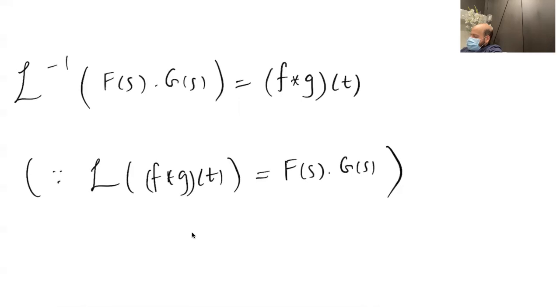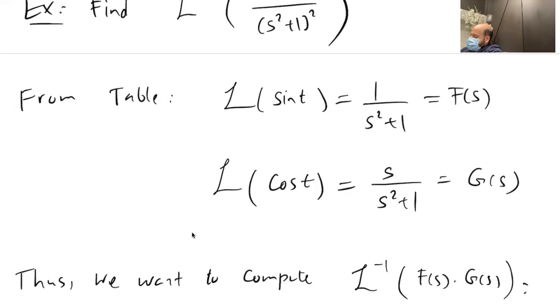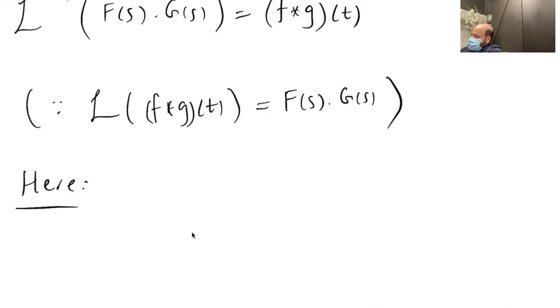So we just need to calculate. Here, what is f of t? What is g of t? Here, f of t is sine t and g of t is cos t.